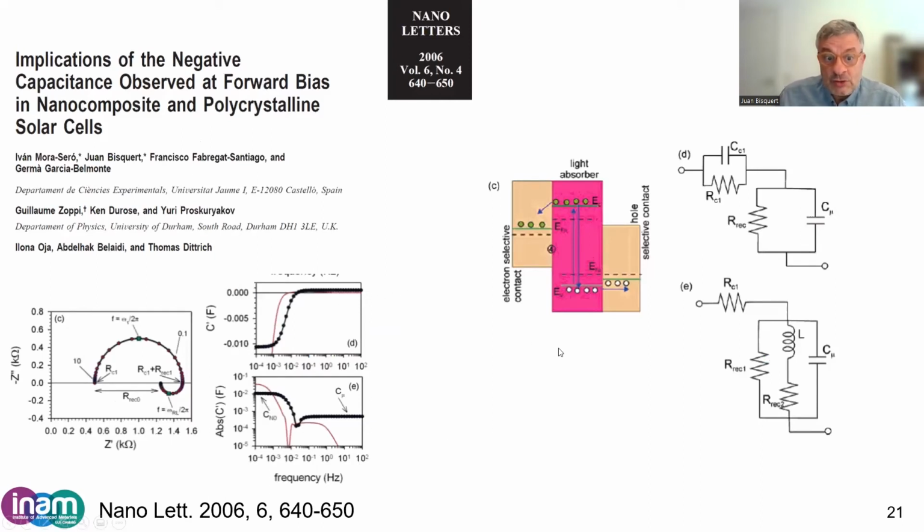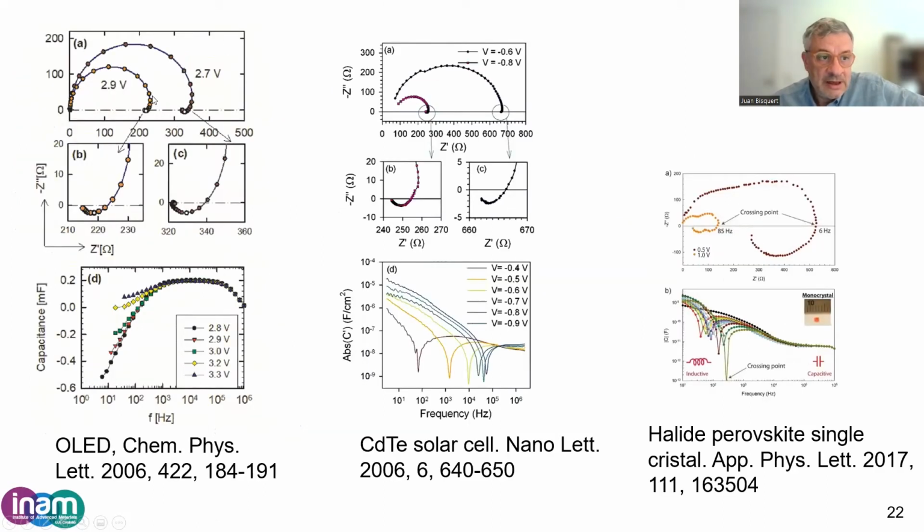I just want to mention that this model we have used like 15 years ago for describing many types of solar cells showing negative capacitance. It is the same model with the RL element here, published in Nano Letters. In organic LEDs, it was found in different types of solar cells, and it has been found in the perovskite solar cells many, many times, like in this crystalline solar cell.